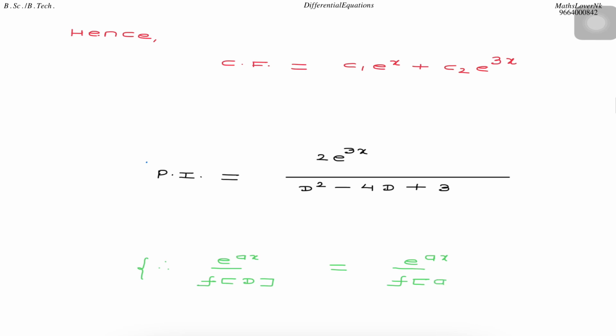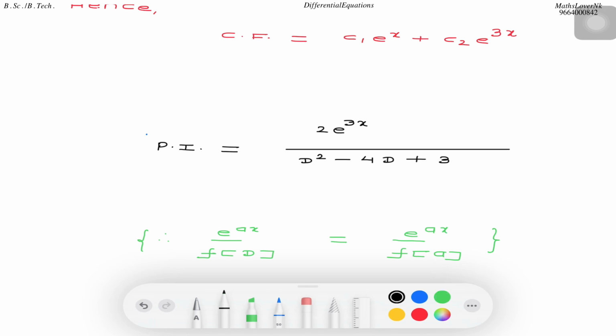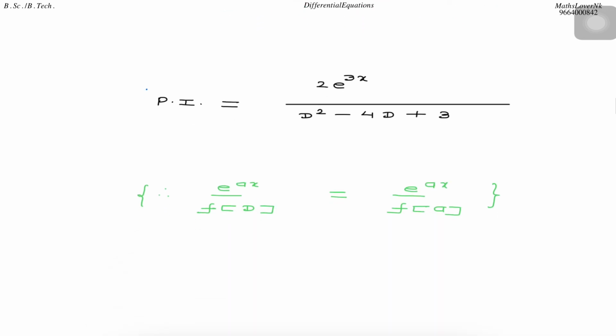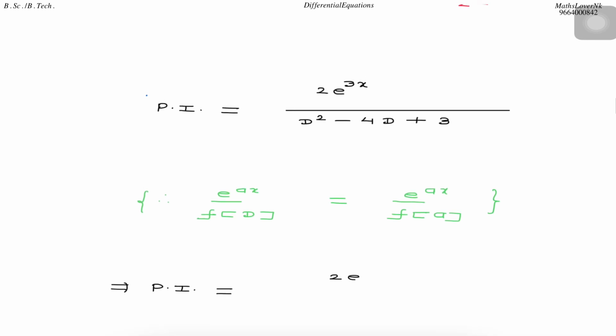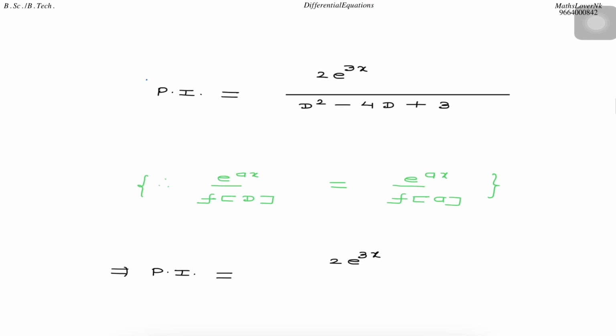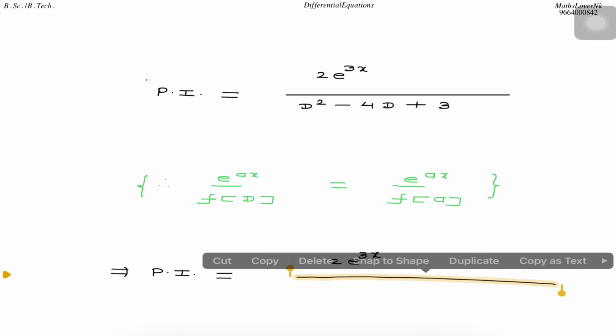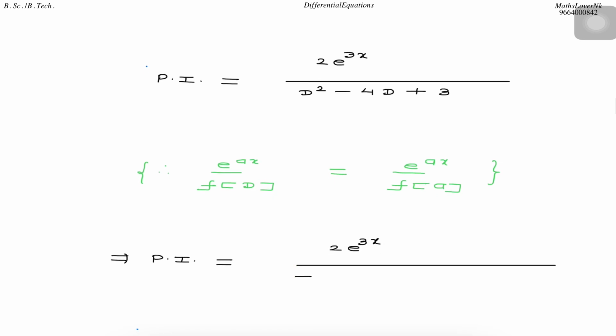Applying this, PI is equal to 2 e to the power 3x upon D squared minus 4D plus 3. Putting 3 directly gives denominator 0, which is not possible. So find the factors of D squared minus 4D plus 3, that is D minus 3 and D minus 1.